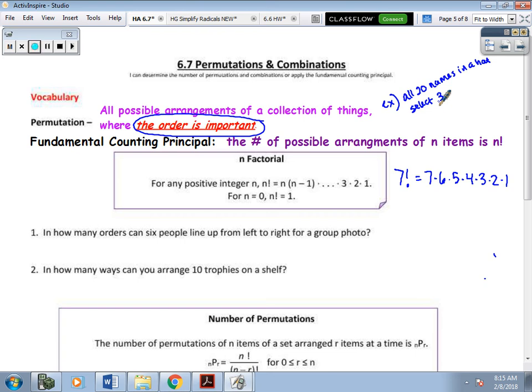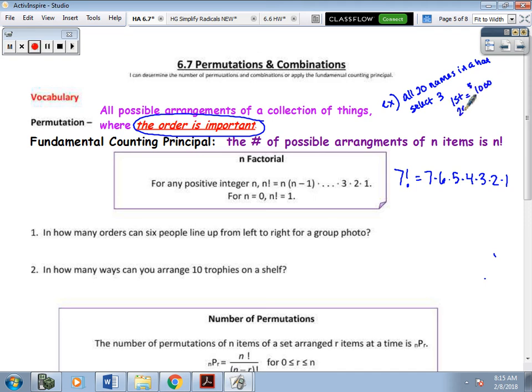If you get picked first, you get a lot more money than if you get picked third. Why this is so important is when we get to the back of the notes, we're going to learn about combinations, which are basically the same thing, but the order won't matter. So an example of a combination, just to compare, would be putting all your names in a hat, picking 3 of you. Those 3 people get 10 bonus points. Okay, the order in which you get picked doesn't matter because you would get 10 bonus points whether you're first or third. But the permutation would matter if the first person gets, again, like $1,000.